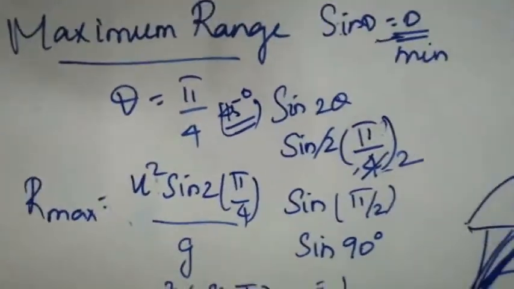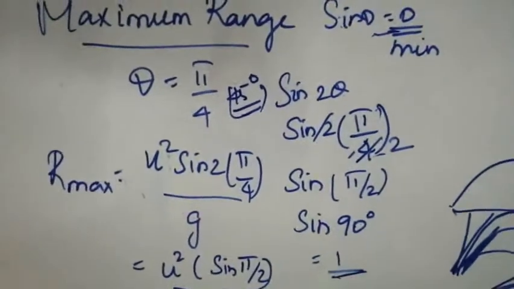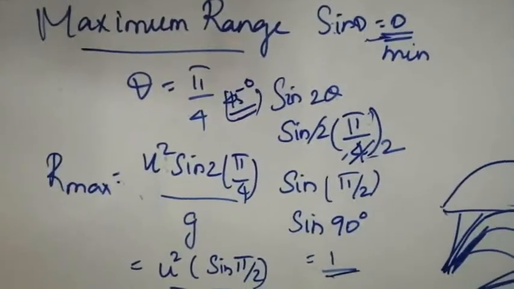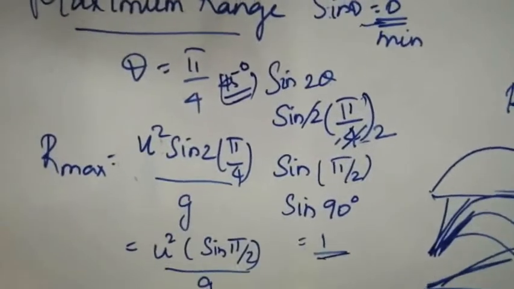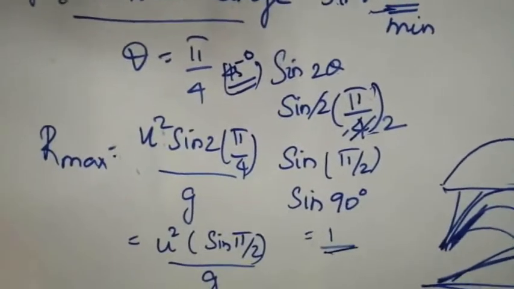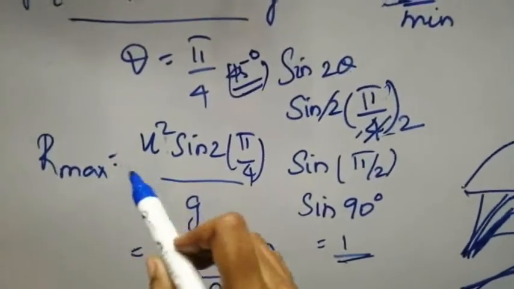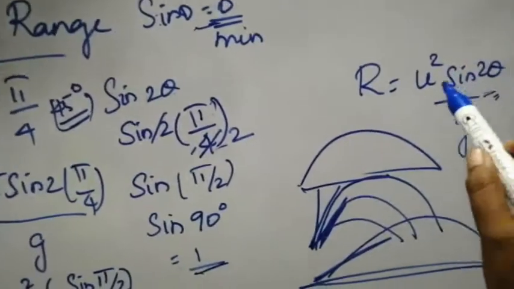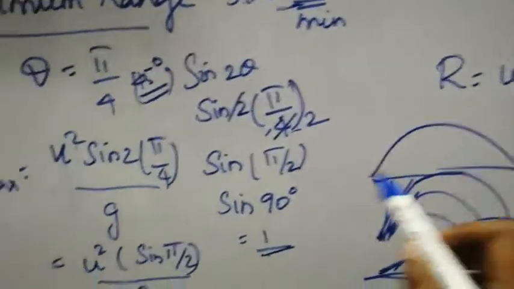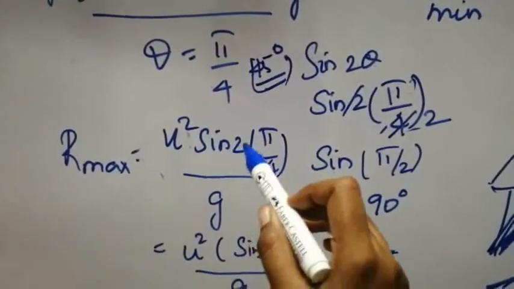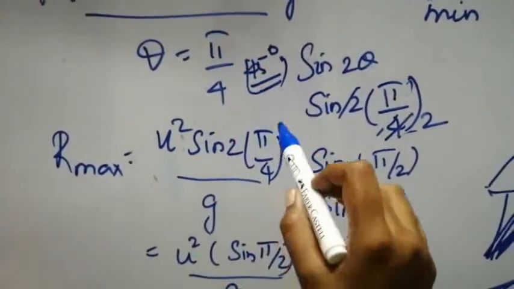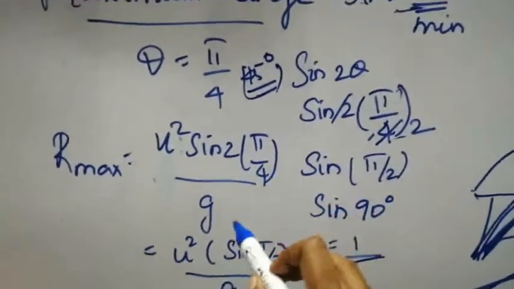When you drop the object for this complete horizontal projection at some angle, if the angle is 45 degree, you will have the maximum range. So what is that range value? R max is equal to u square sin 2 theta by g, right? So u square sin 2, instead of theta, I am going to have pi by 4, by g.